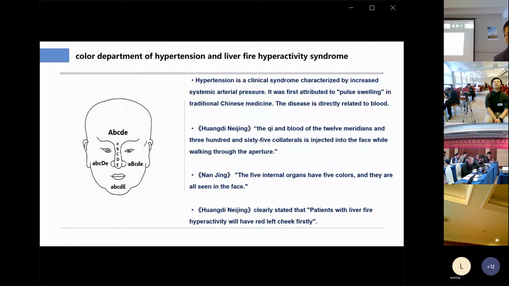Because in TCM, hypertension is also a clinical syndrome characterized by increased systemic arterial pressure, which is directly related to blood.